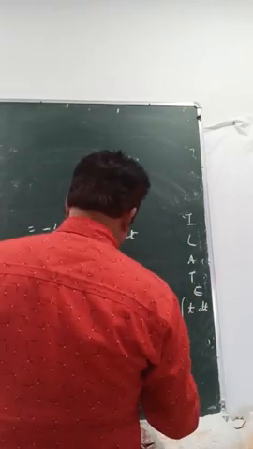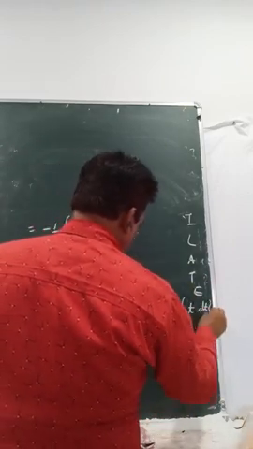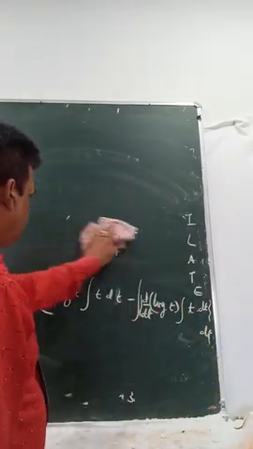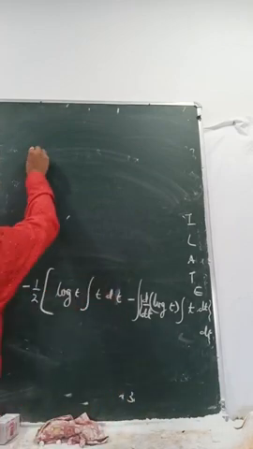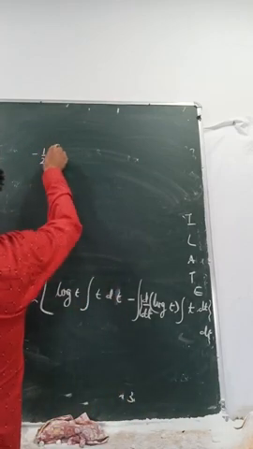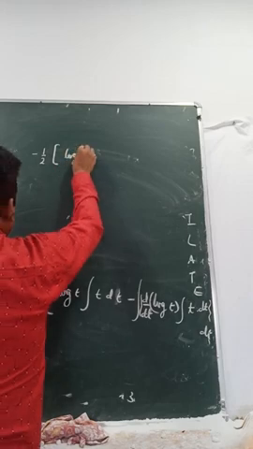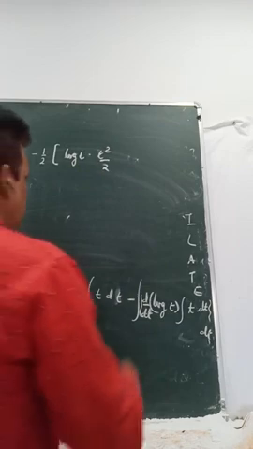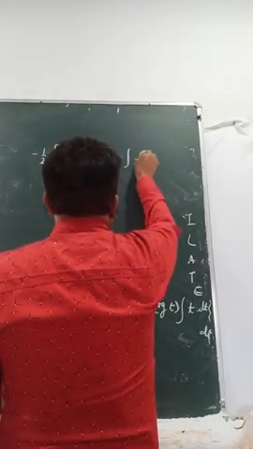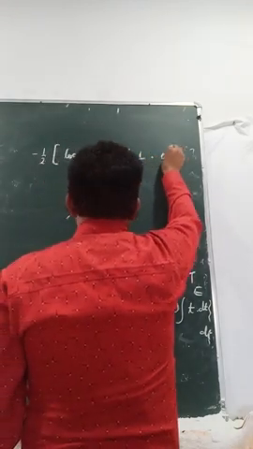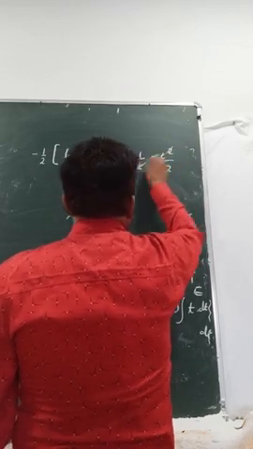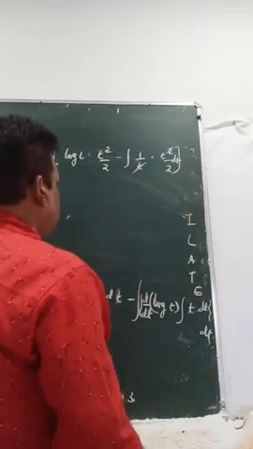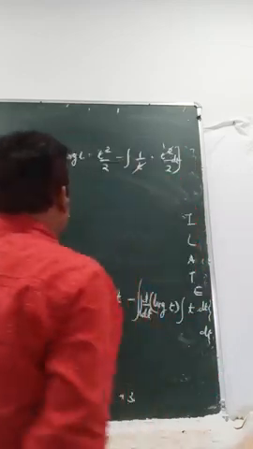So the whole dt: minus of log t into t²/2, minus integration of 1/t into t²/2. This t is cancelled, one t is here.